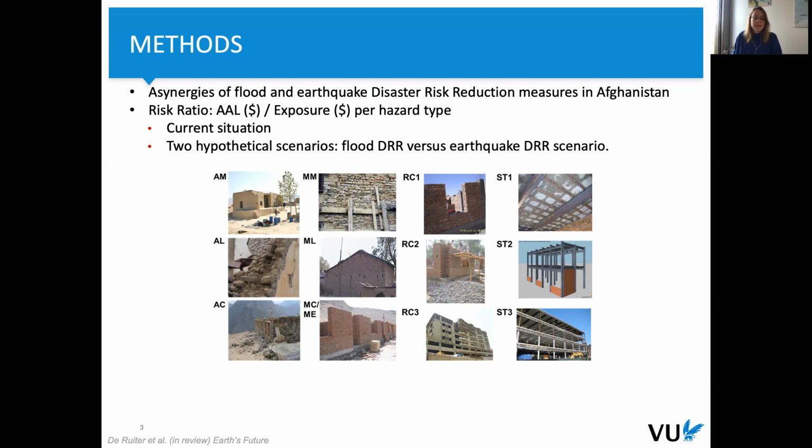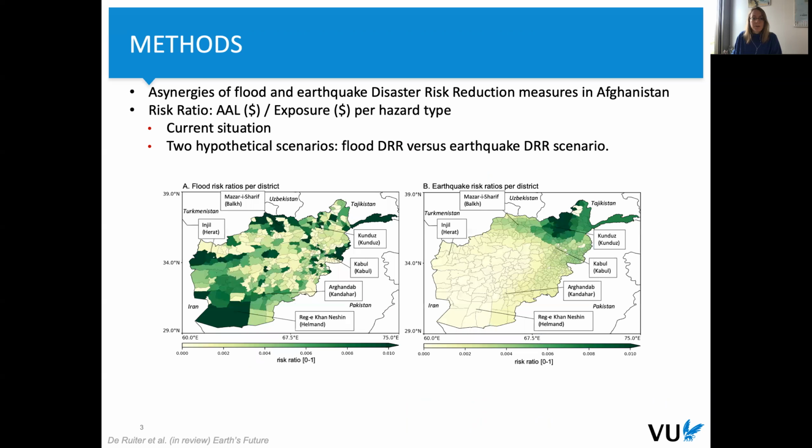We first calculated the average annual losses for each hazard in the current situation and then designed two hypothetical DRR scenarios. We used this to identify these asynergies, so districts for which the DRR measures of one hazard increase the risk of another hazard. In the flood DRR scenario, we upgraded all adobe buildings to brick buildings.